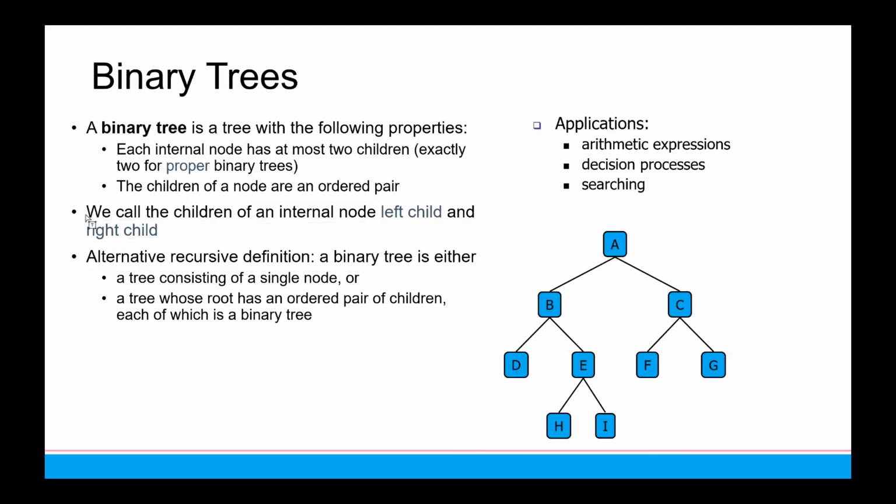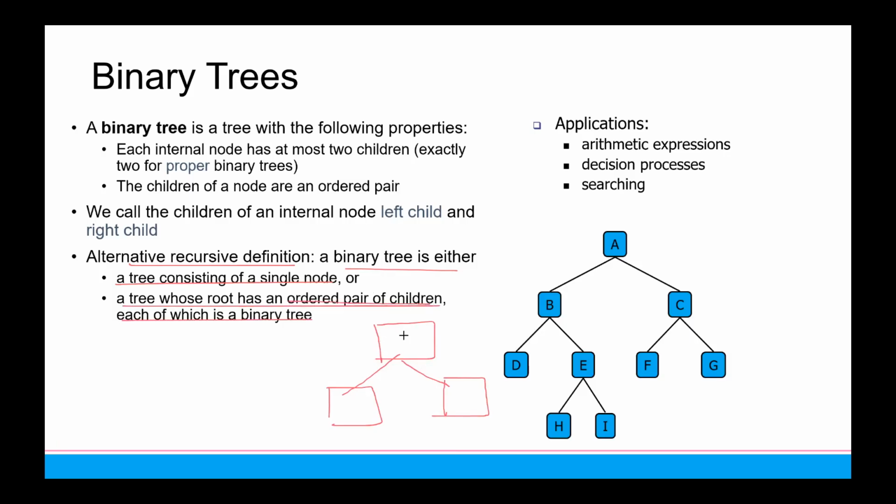There is an alternative recursive definition. A binary tree is either a tree consisting of a single node, just a single node, or a tree whose root has an ordered pair of children, each of which is a binary tree. So this is also a binary tree because we have only one ordered pair of children.